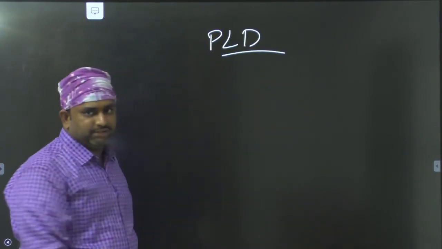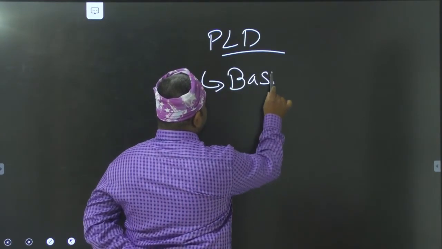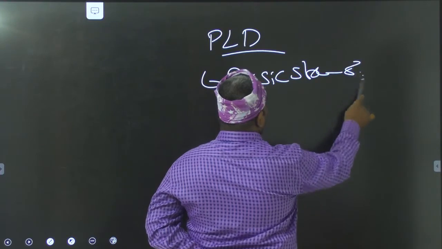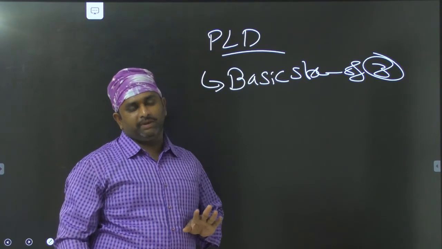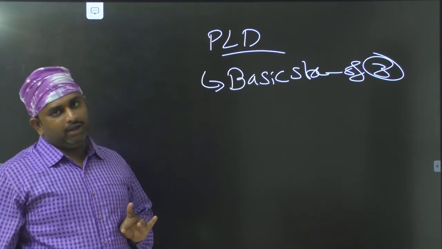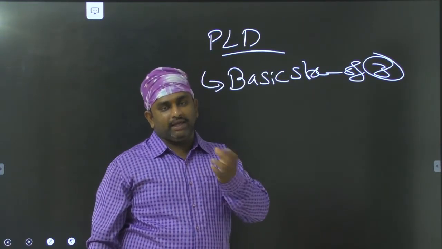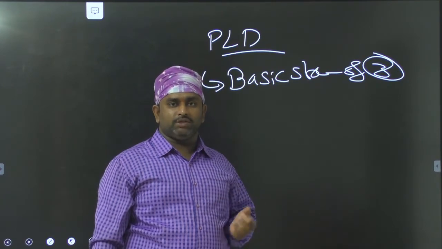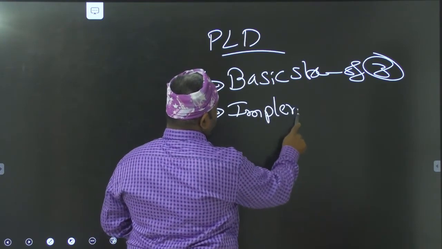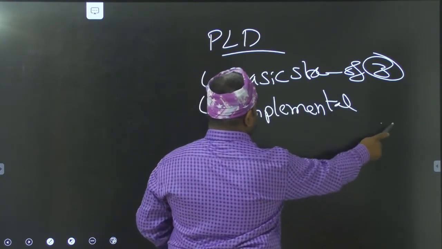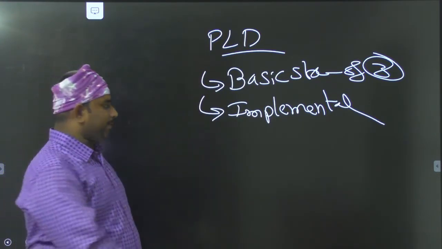First we discussed the basic structures of three types of PLDs: PLA, PAL, and PROM. After that we saw the implementation part, taking some Boolean functions and implementing them using these types of structures. We implemented different types of Boolean functions using these three types of PLDs.